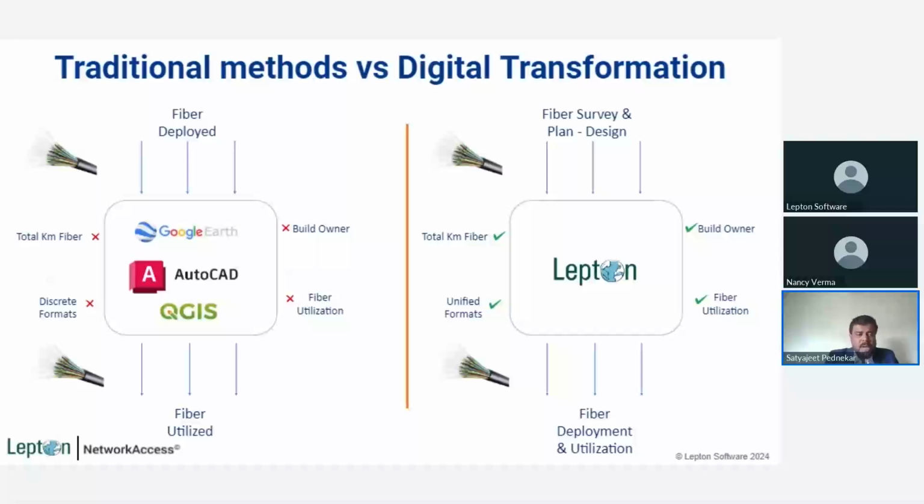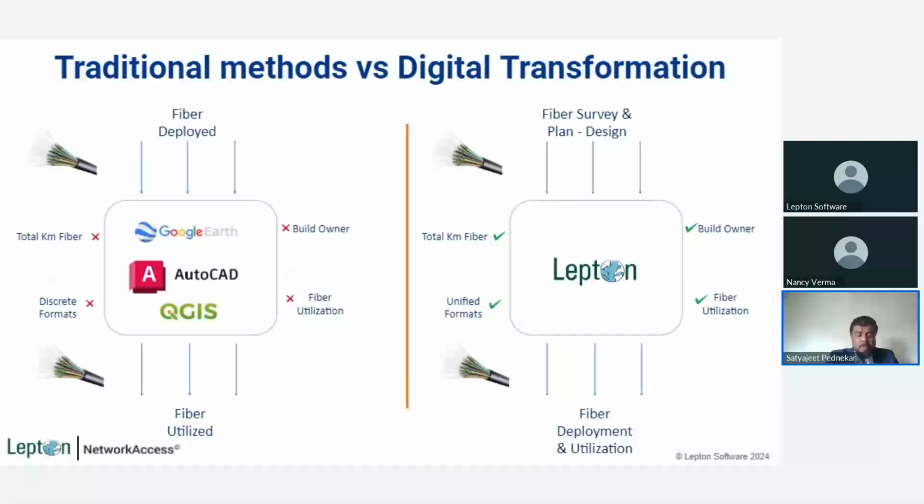They were using traditional tools like Google Earth, maybe AutoCAD, QGIS to map your fiber. But every regional planner, every regional engineer was mapping their own fiber. And when the fiber gets utilized, again, that respective engineer and the respective owner of the tool is mapping the fiber utilization into the respective tool.